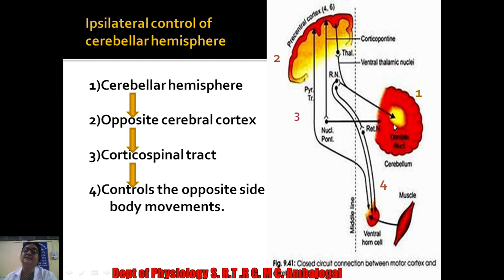So the cerebellar control comes back along the same side as the cerebellum, that is ipsilateral control of the cerebellum. So this figure nicely explains how the cerebellum controls the ipsilateral movements of the body. The cerebellar hemisphere goes to the opposite cerebral cortex, then it is executed by the corticospinal tract and the rubrospinal tract that control the opposite side body movements.